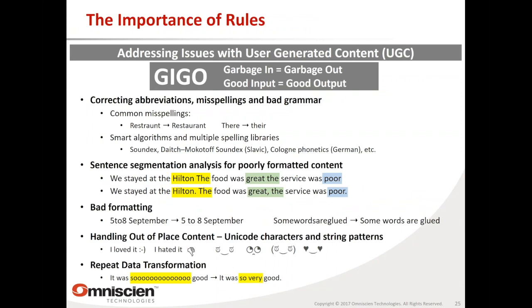Now, why are rules like this important? So if you look at this, let's take the example of user-generated content. So often user-generated content has low-quality data, misspellings, words glued together, bad punctuation, many other things like that. So we're able to repair many of those things automatically.